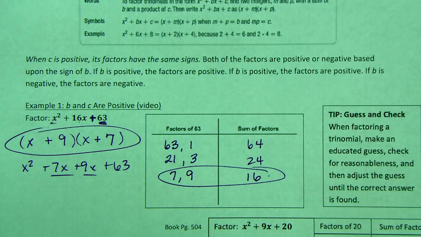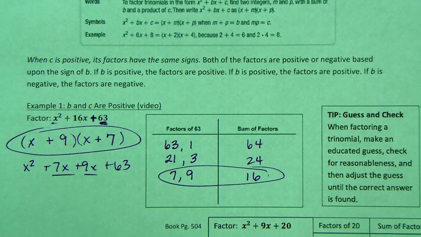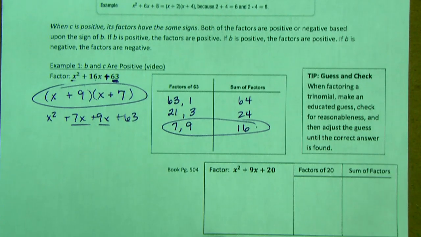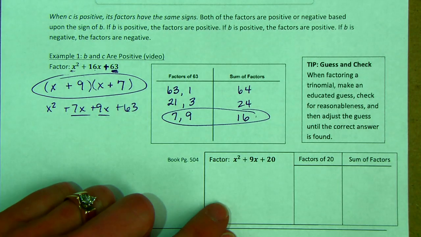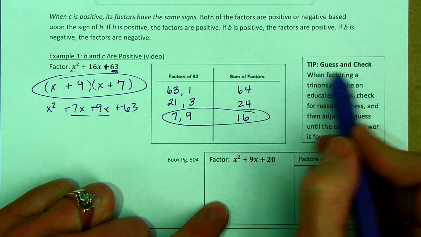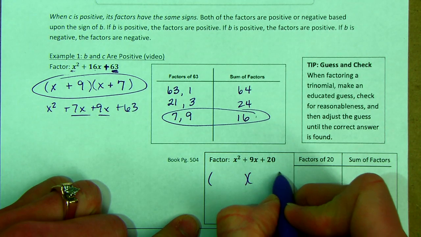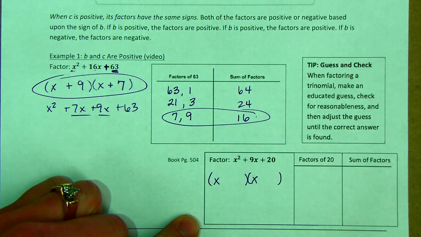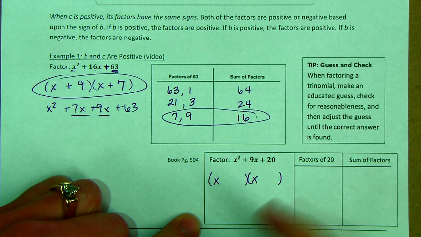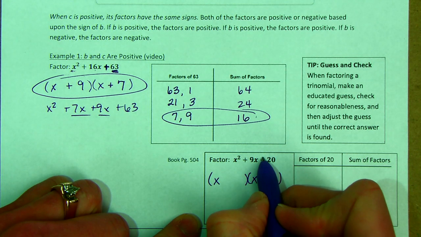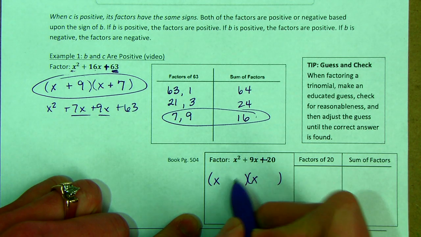Take a look at the second one. Down here, we're guessing and checking. That's what this is over here. So down here, I know it's going to be x and x. I know that it is the same signs, and they both must be positive. So I'm looking for two numbers that have a product of 20 and a sum of 9.